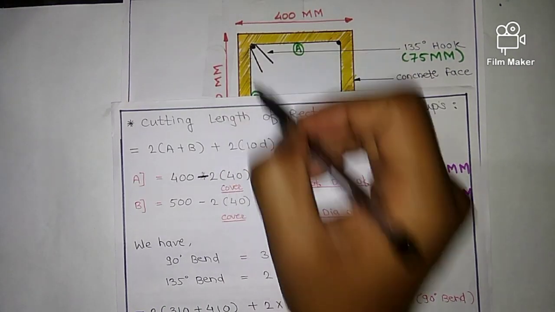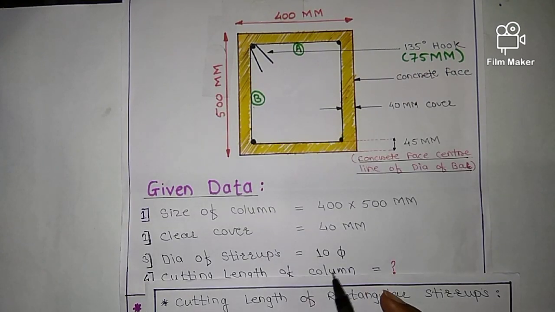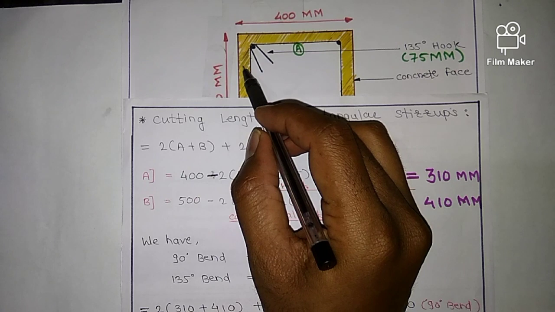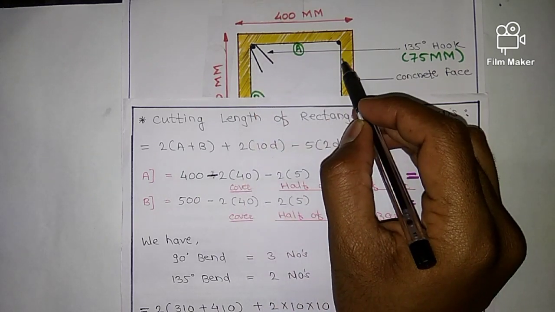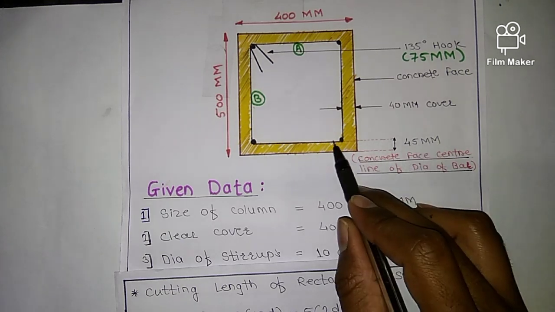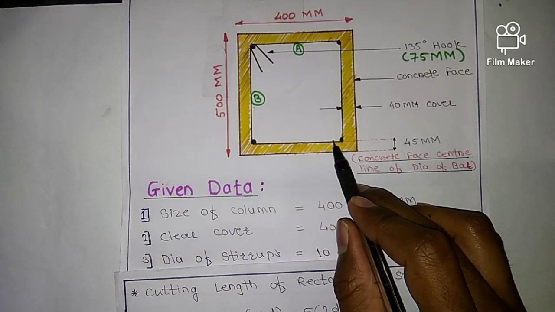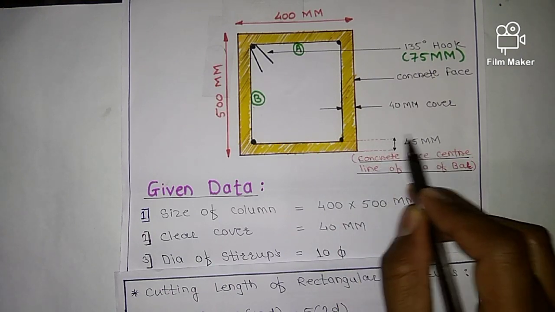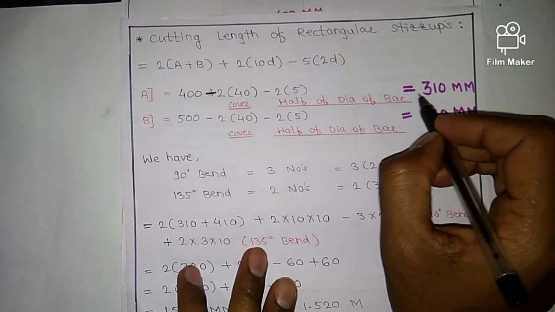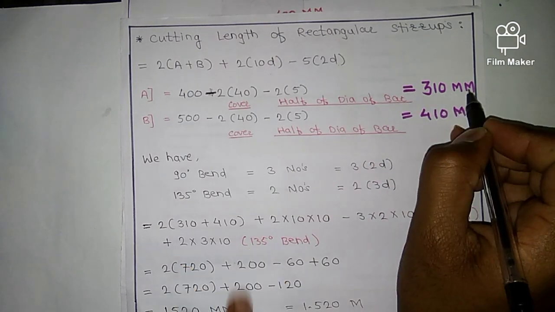That is, we have 10 mm diameter of bar, so 5 mm from this side and 5 mm from this side. I already discussed this 45 mm, that is 40 mm plus half of the dia of bar, that is 5 mm. The answer is 45 mm. So the a value is 310 mm.